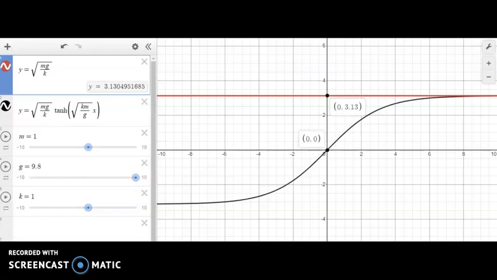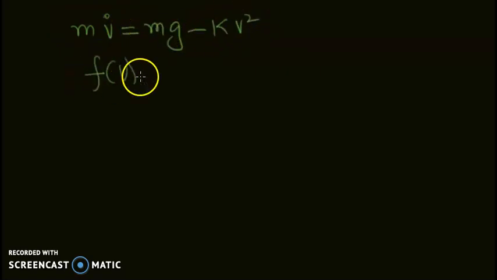In fact, this fixed point of the differential equation is a sink, or we can also say it's an attractor which attracts the trajectories. We can see it with the help of the linearization theorem also. Let's check that stability. Our differential equation was mv dot equal to mg minus kv squared.